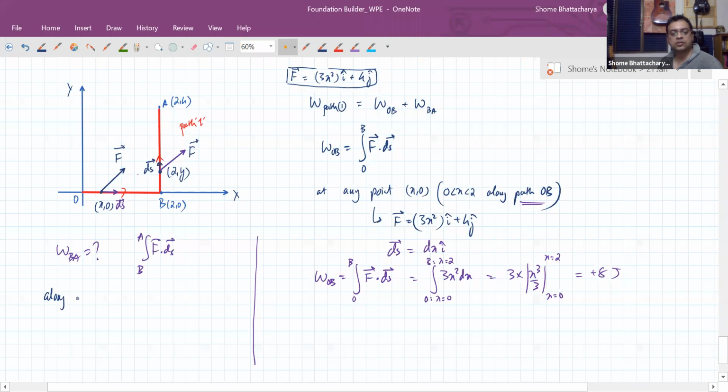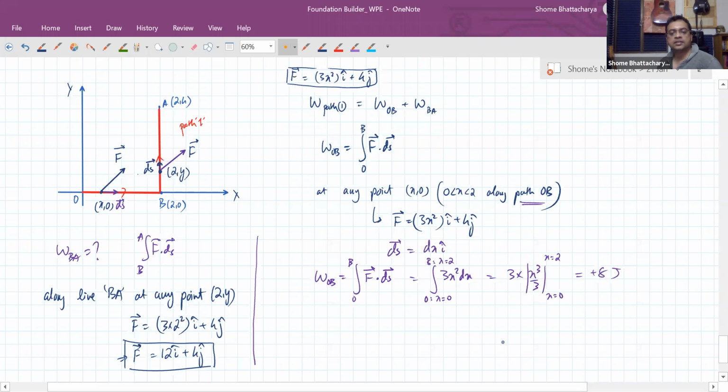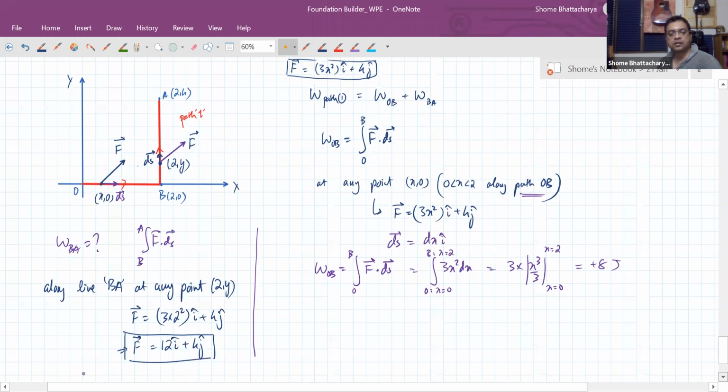So along the line BA, at any point (2, y), the force will become, substituting x as 2, 3 into 2² i cap plus 4 j cap, so the force will be 12 i cap plus 4 j cap. And the displacement will be dy j cap this time.